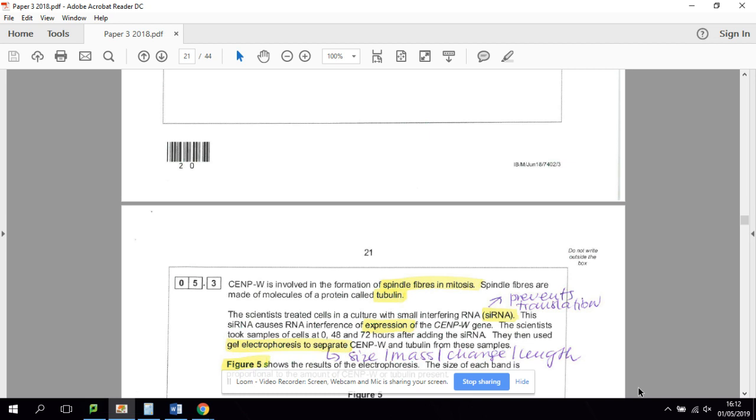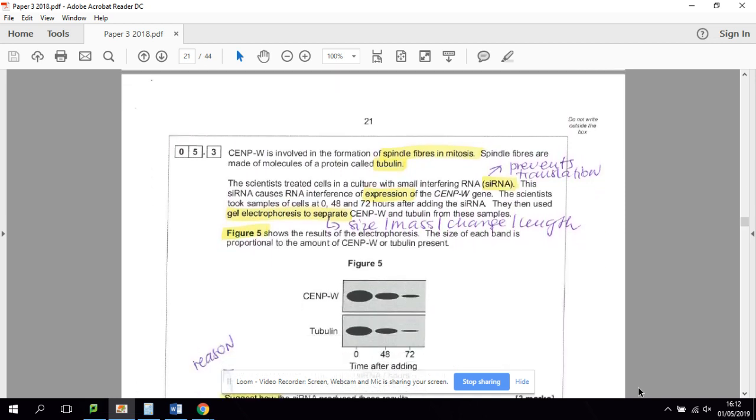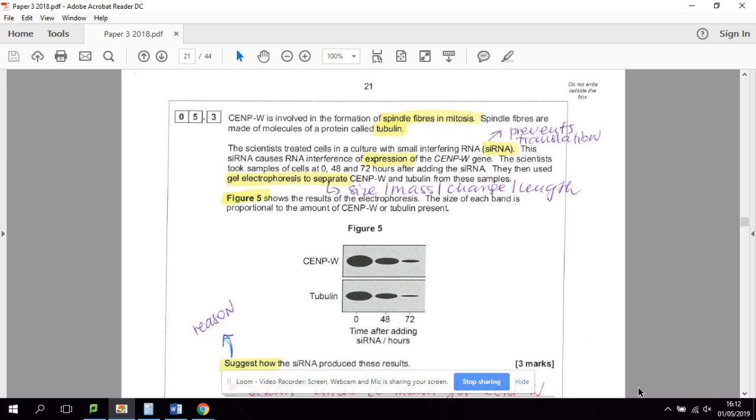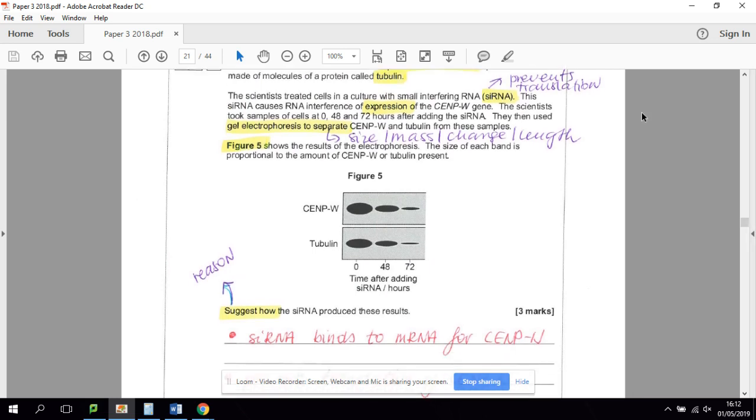Then they used gel electrophoresis to separate this. How can we separate? Remember, by size, by mass, by charge, by length. Figure 5 shows you the results of the electrophoresis. So that's what we've got, and that's how the siRNA produced those results. We know that siRNA prevents translation.